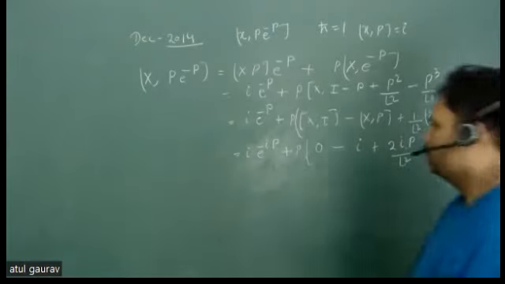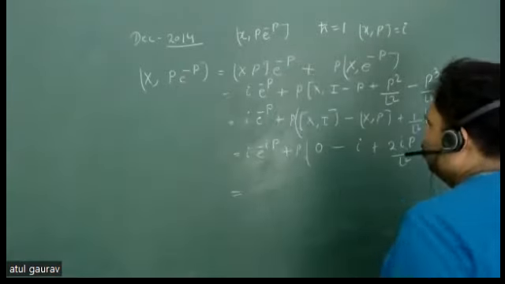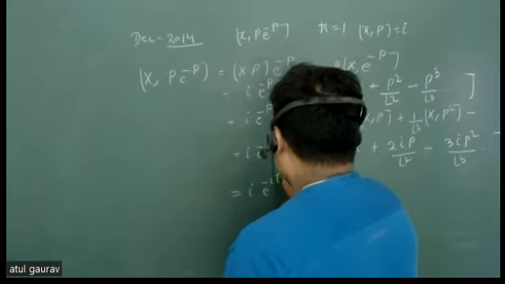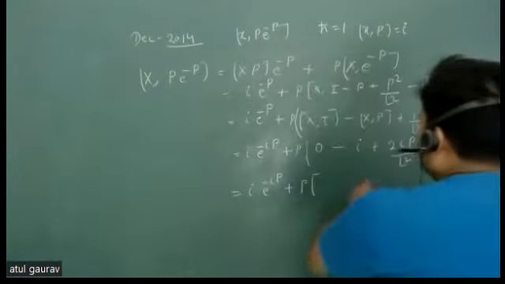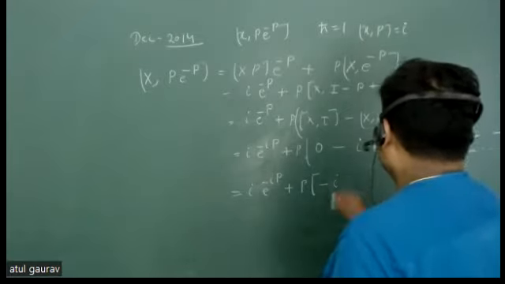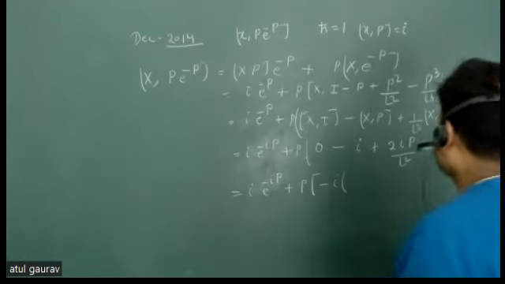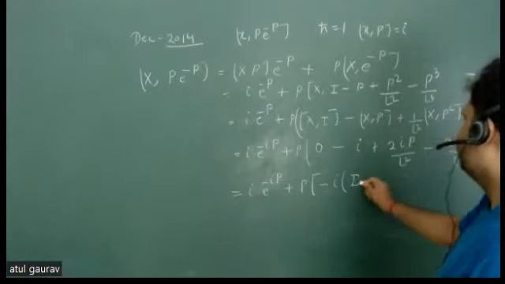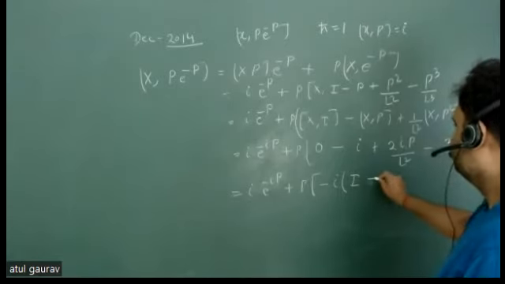Okay, so this is our way to open all this thing. So this will be i e to the power minus p plus, then the first term is equal to minus i. So I can take minus i common, can take, right? And then we have identity, and what will be this one? Minus p.